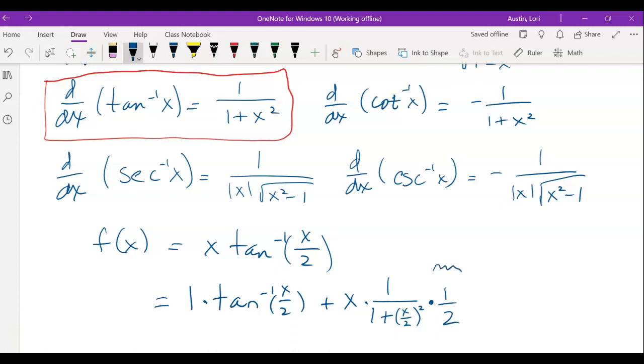And this comes from chain rule, where u is actually x over 2 and y is tan inverse. That's where I got that from. I applied the chain rule there.